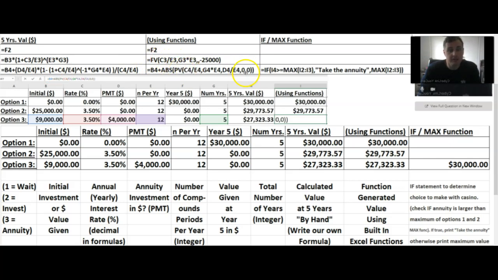You can take a screenshot of that, copy it down, or pause the video as needed. And then here's what the maximum function along with the if statement looks like. Remember, I highly recommend that when you click on a formula, you look at the cells that Excel is referring to. And then here is the table, just to remind you of what I was saying before, so it's all in one place.